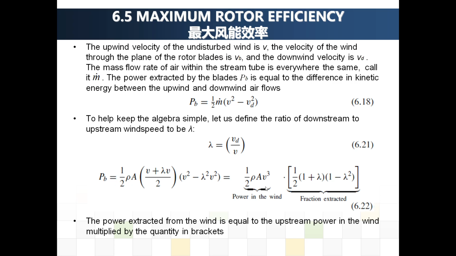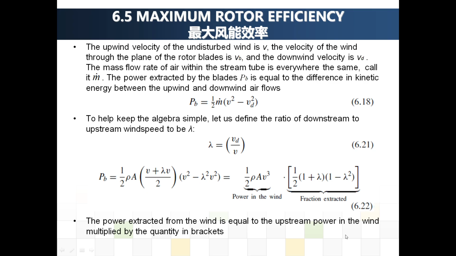So Pb is equal to 1/2 rho A multiplied by (V plus lambda V) divided by 2, multiplied by (V squared minus lambda squared V squared). Therefore, it can also be expressed as 1/2 rho A V cubed multiplied by [1/2 (1 plus lambda)(1 minus lambda squared)].